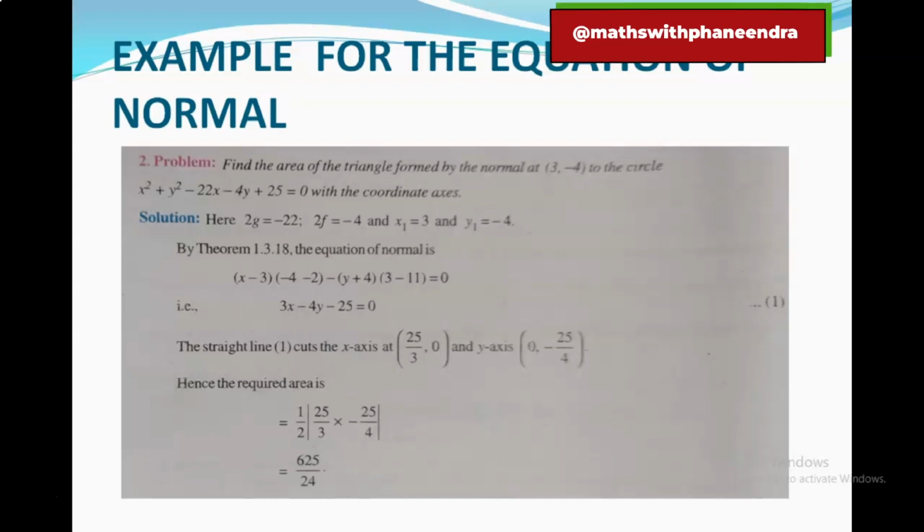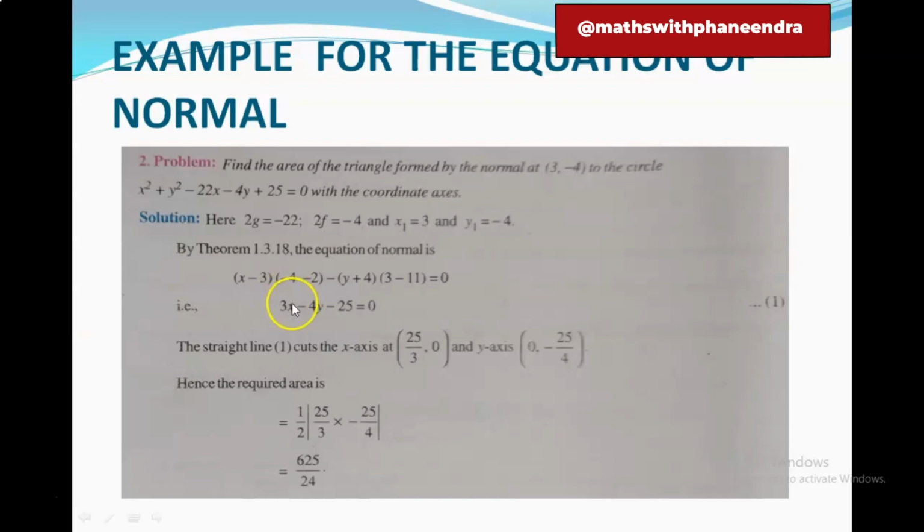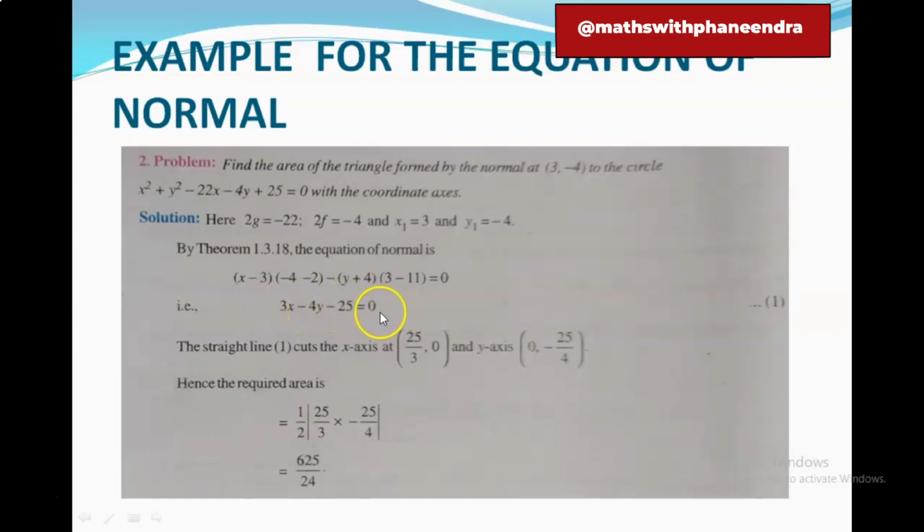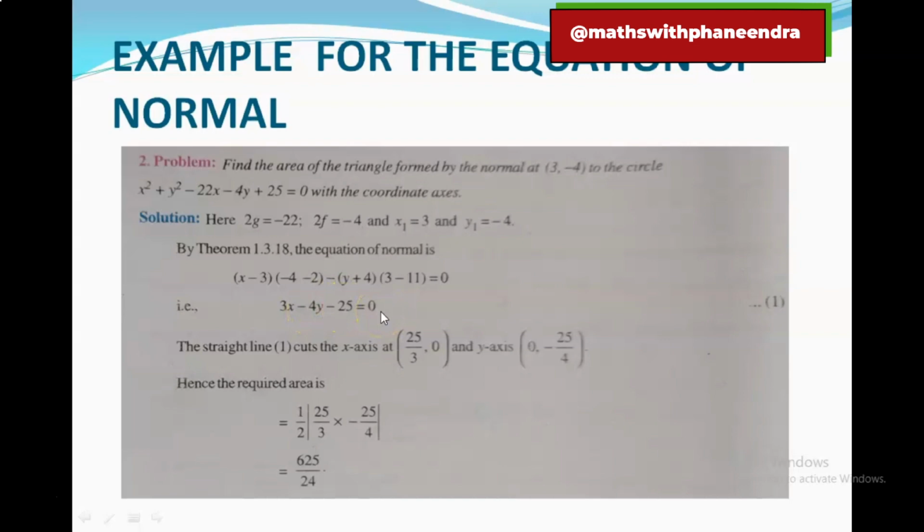First we have to multiply that. -6x + 18. Here 3 - 11 is -8. Minus into minus is plus, so 8y plus 8 into 4, which is 32. After simplifying, you will get 3x - 4y - 25 = 0. This is the normal equation of the line.